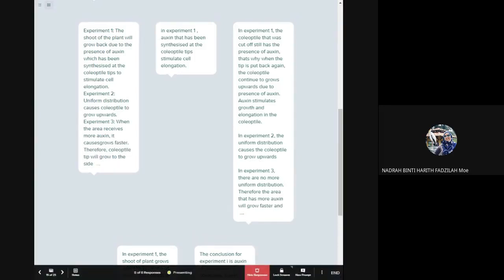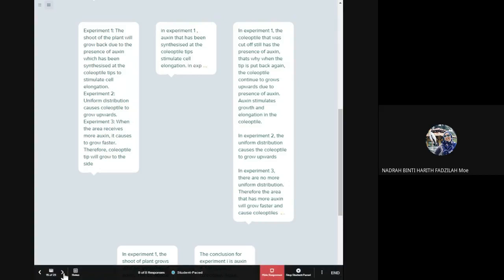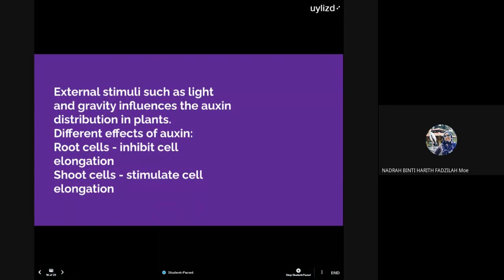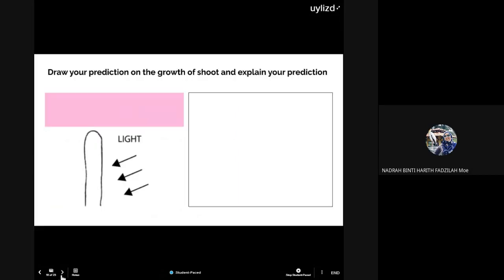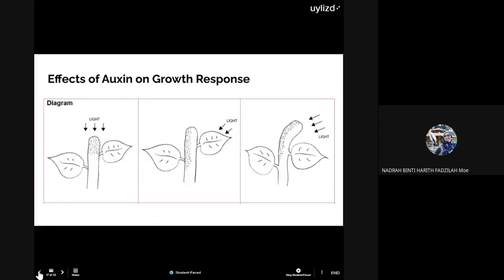Okay. So, next class nanti kita akan, sambil kamu tulis-tulis tu ya, saya tukar kepada student pace. Okay, next session nanti kita akan tengok phototropism and geotropism dan relationship keduanya dengan concentration of auxin in the shoot and root.